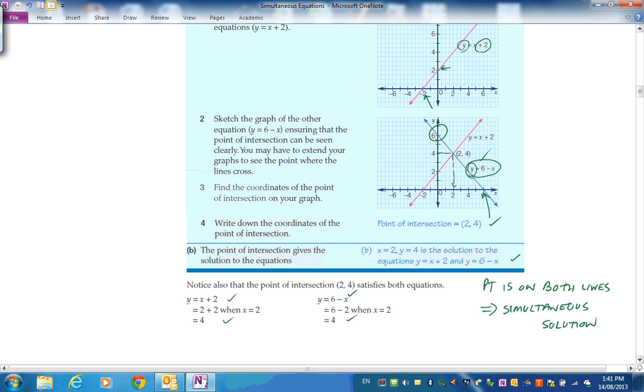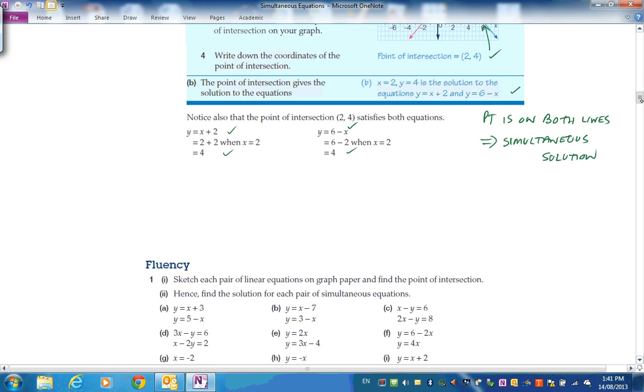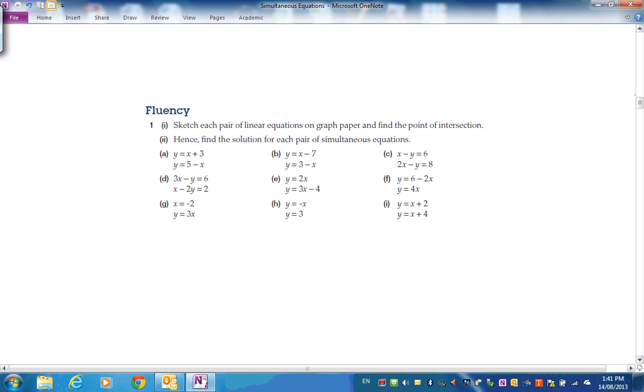Can you do it, do you think? Well, let's have a look. Here's some from Pearson's, and the answers are just below now. So I want you to try to draw some of these, particularly, I suppose, the ones where it's not y equals, as well as the one where it is y equals.